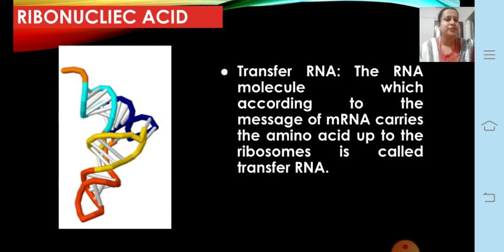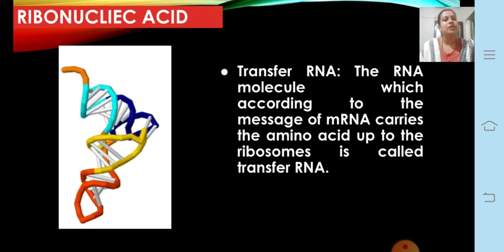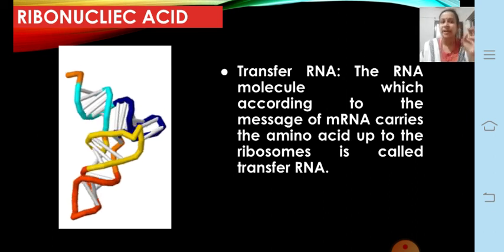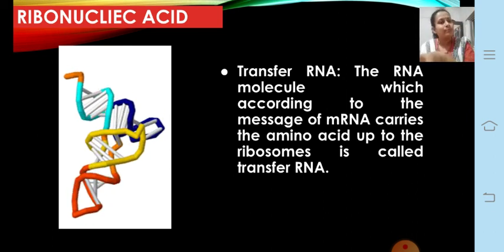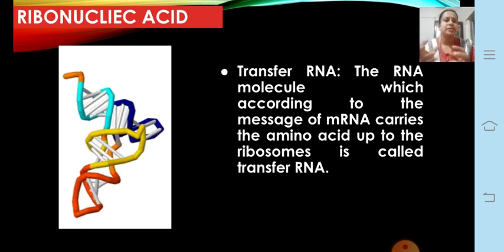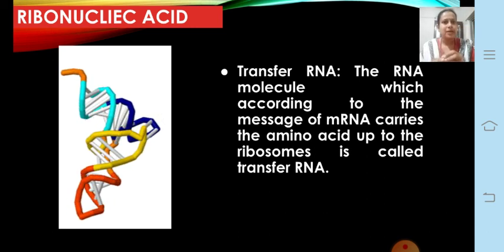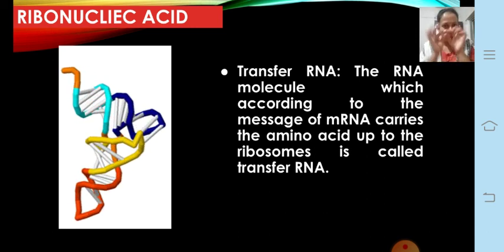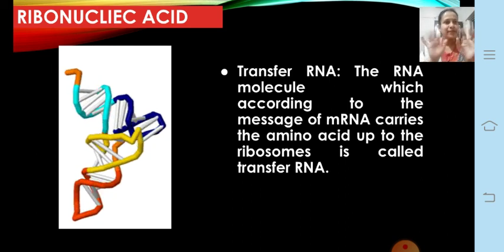As I mentioned to you, transfer RNA is the RNA molecule which, according to the message of mRNA, carries amino acids up to the ribosomes. So its duty is only to get amino acids. It will have a particular sequence for it, which is also called an anticodon, that you don't have to study this year.